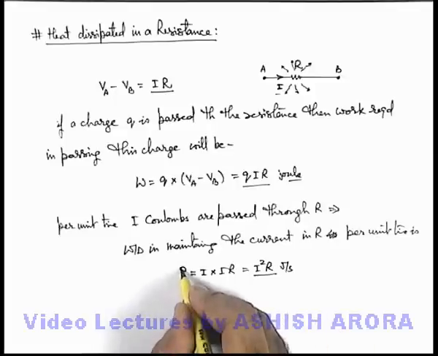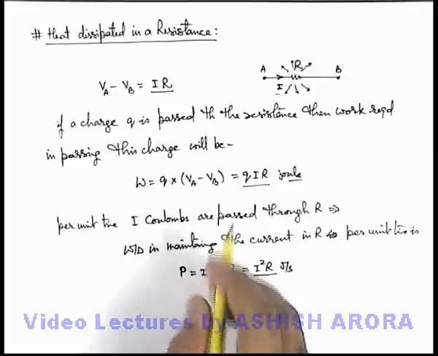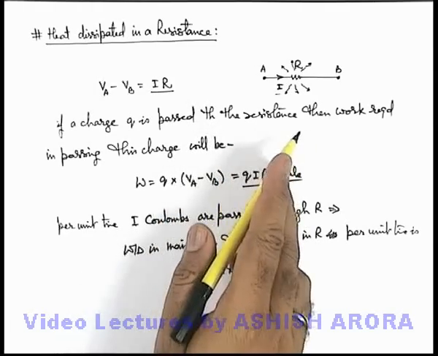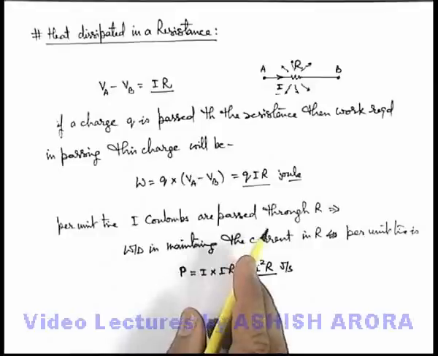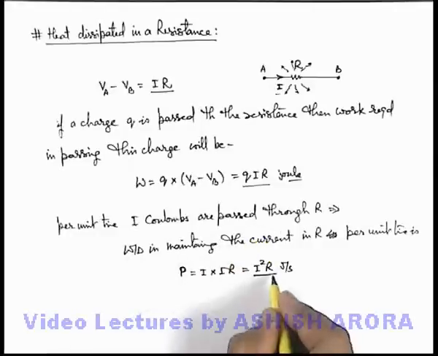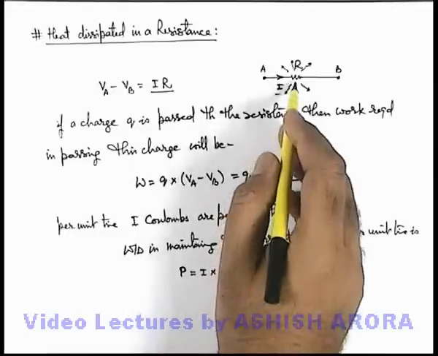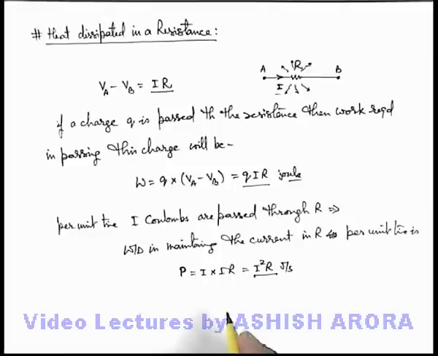This is the amount of work being done by some external source or EMF source or any agent responsible for maintaining this current I. And this much work will be dissipated in form of heat according to Joule heating effect. So this power equals I square R.